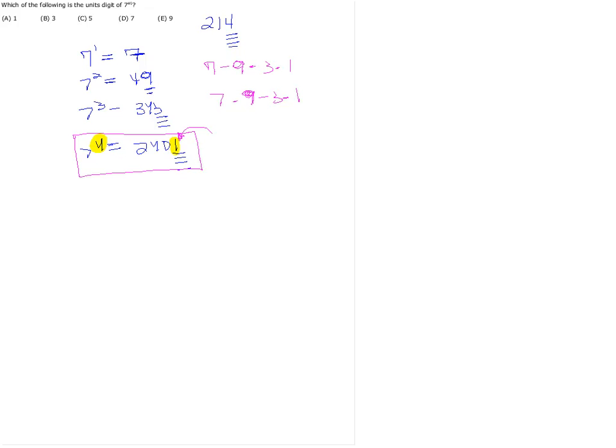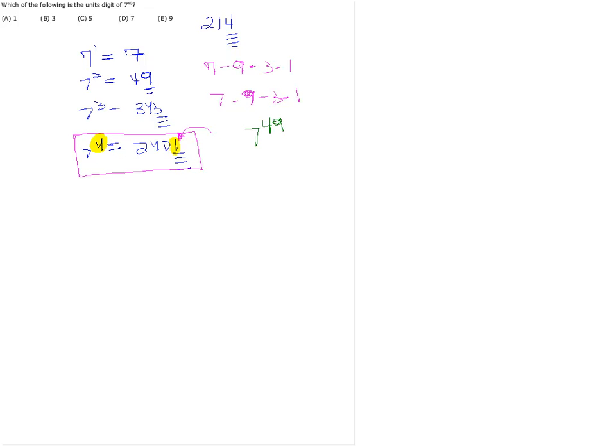Now, that's important because look at what we're asked for. We're asked for the unit digit of 7 to the 49th power. Well, if we can find the closest multiple of 4 to 49, we know that the unit digit is going to be a 1.